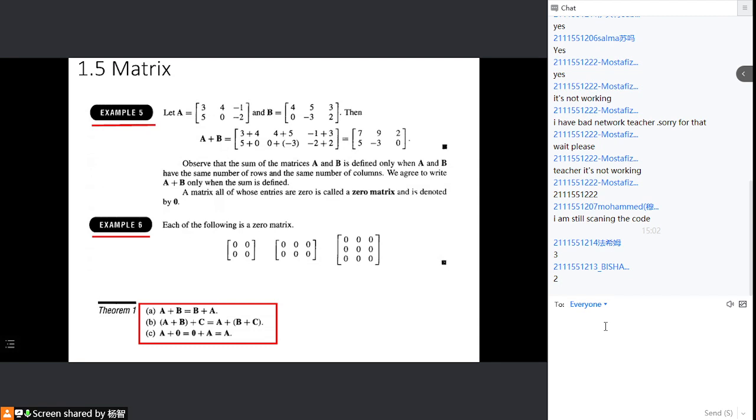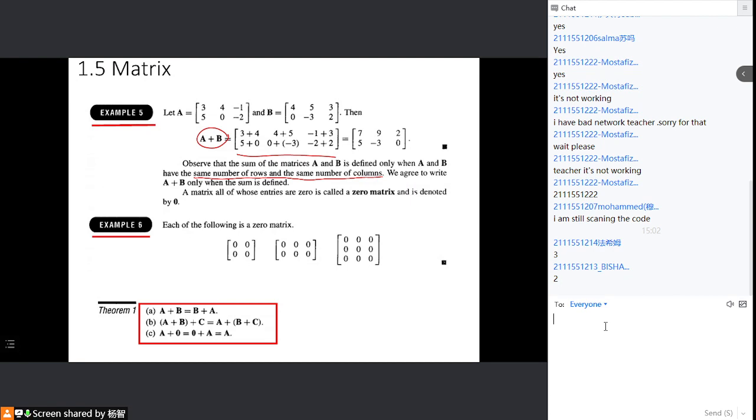Let matrices A and B be given, then sum A and B. You will see that every corresponding element is summed together, and we can get the answer. Two matrices must have the same number of rows and the same number of columns. It also means the shapes of these two matrices must be the same.